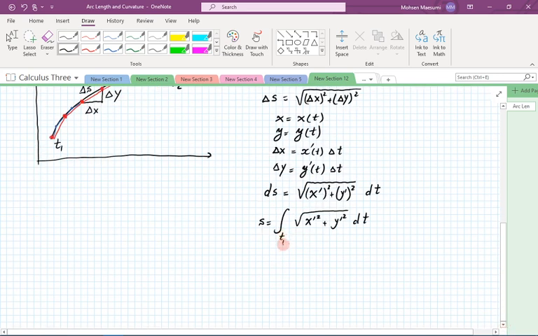If you want to find the length, you go from the beginning to the end, and that is your length. If you were in 3 dimensions, the story would be the same, just with more things to deal with. So from t1 to t2, the integral of the square root of x prime squared plus y prime squared plus z prime squared. So you have 3 things to worry about.